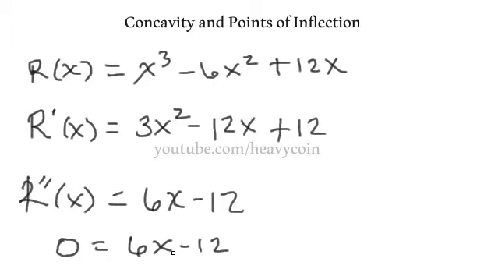We set it equal to 0 and find the solution to this equation, which ends up being 2. So this is the solution. When x is 2, we plug that in, we get 12, and 12 minus 12 is 0. So that's going to be our key number right there.